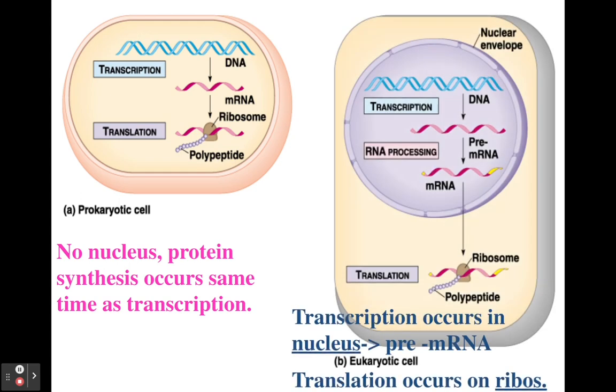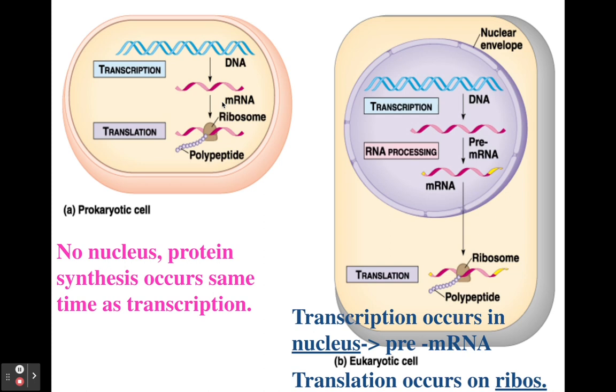So, a couple of differences. For the most part, we're going to focus on transcription in eukaryotic cells. But you have to remember, and this graphic isn't the best, but prokaryotic cells do have circular DNA. They make this look linear, so they're just taking one little piece. But that transcription process is going to go from DNA into a messenger RNA. We don't have a pre-messenger RNA.